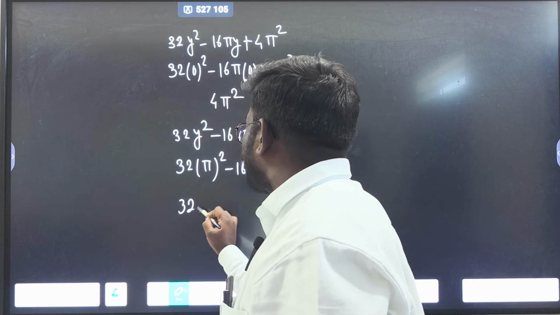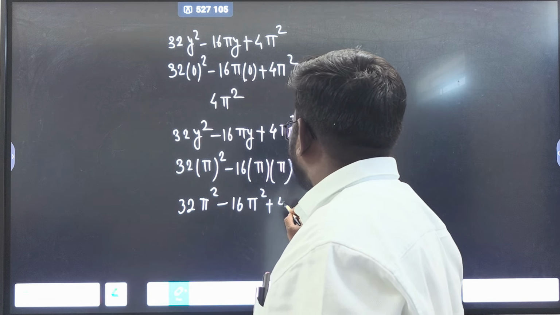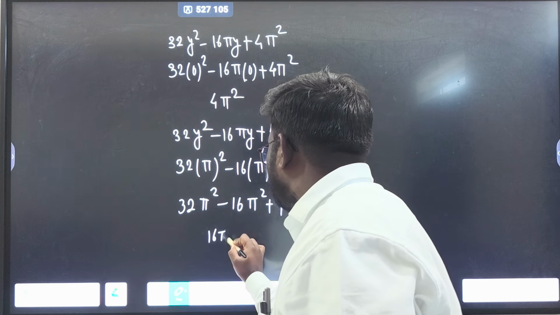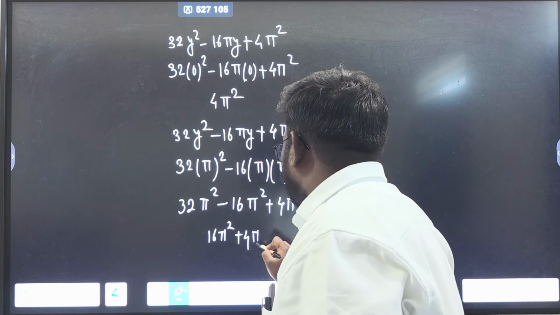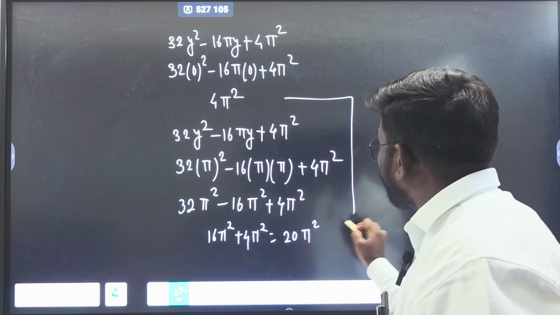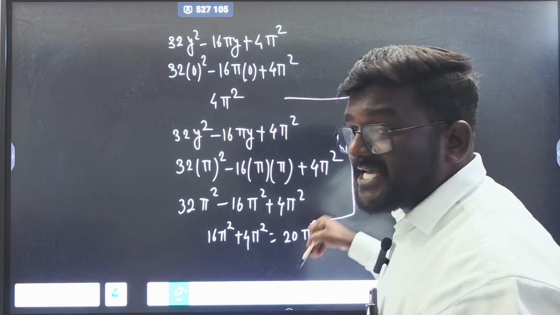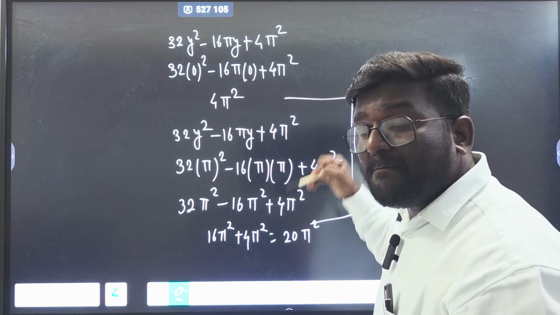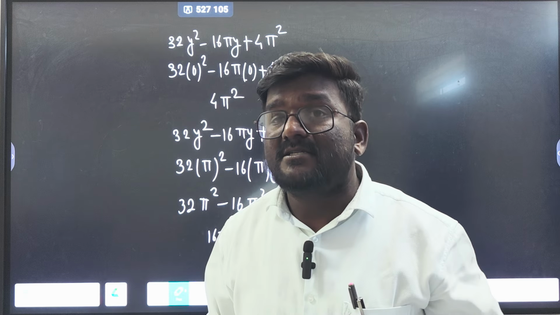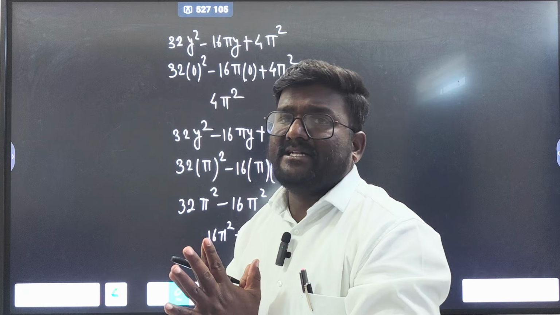So 32 pi square minus 16 pi square plus 4 pi square. Now 32 minus 16 is 16 pi square, plus 4 pi square, so it is equal to 20 pi square. Now between these two values, 4 pi square and 20 pi square, what is the maximum value here? 20 pi square. Now you have to calculate the sum of the minimum and the maximum value of the inverse trigonometric function.